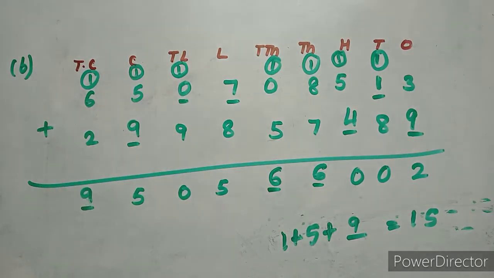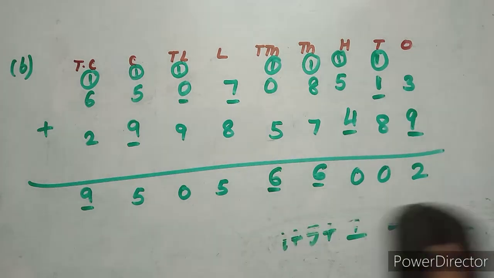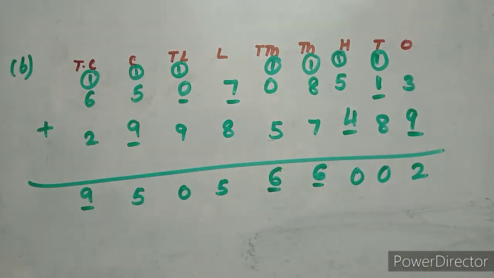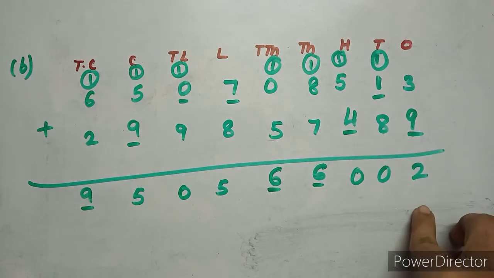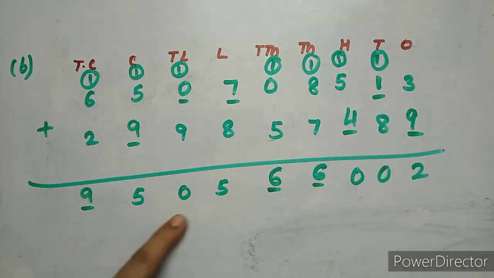So put 9 here. Now you can see all the blanks are filled up. So this is how you need to go for find the missing digit. You will always start from your ones position and then move to your left hand side. Okay. So likewise you need to do the calculation to find the missing digit.